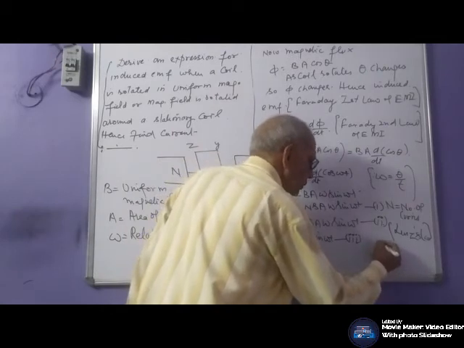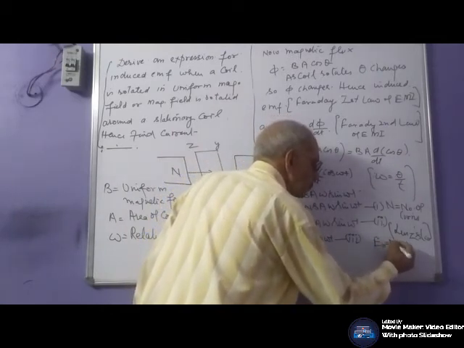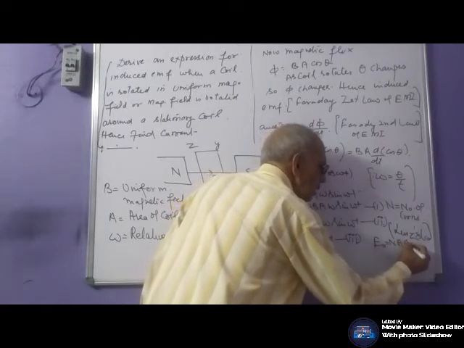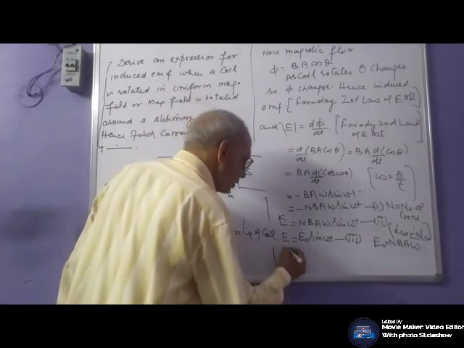What is E naught? It is NBA omega. And what is I?